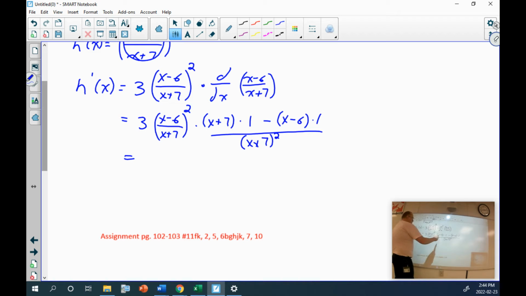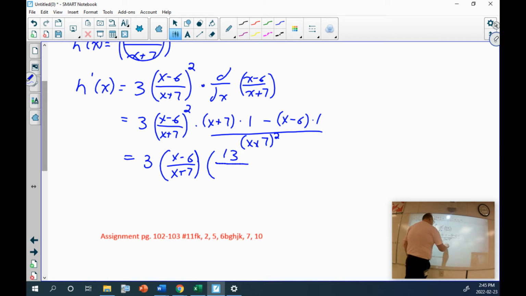So we end up with 7 minus a negative 6, so we get 13. This will stay the same. We will have 13 on the top here over x plus 7 squared. And there's that squared again.